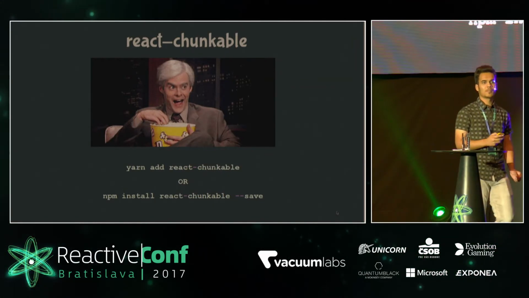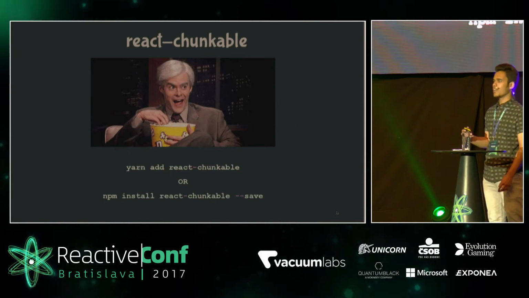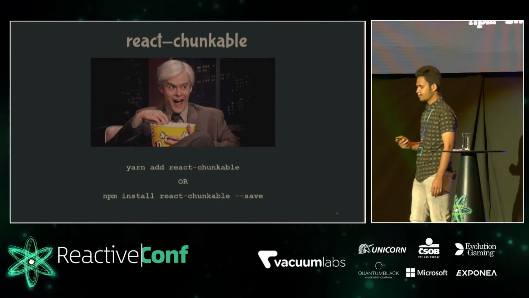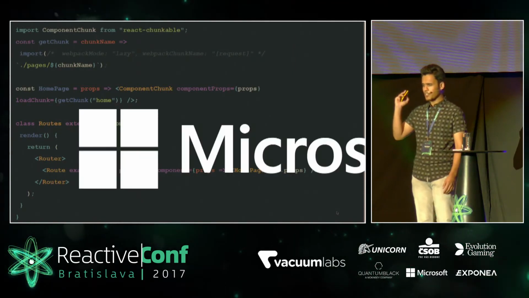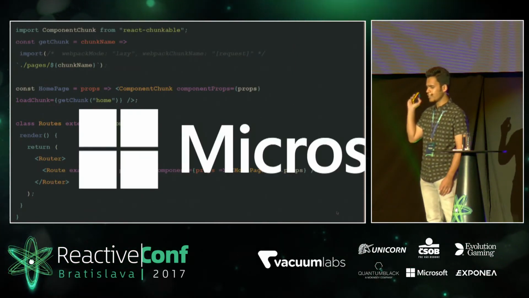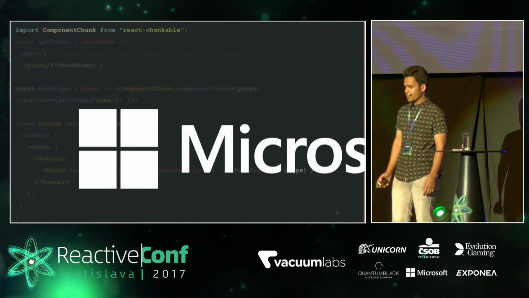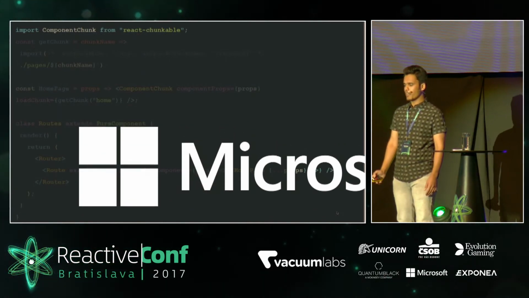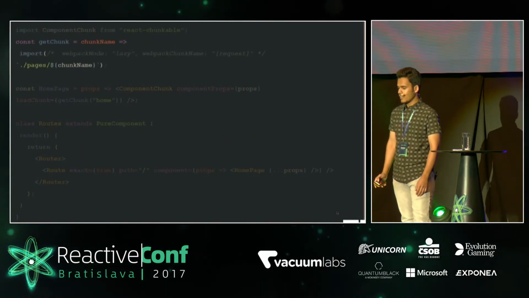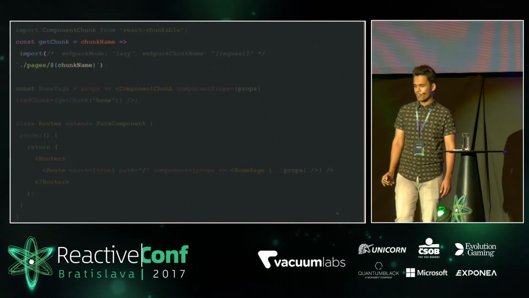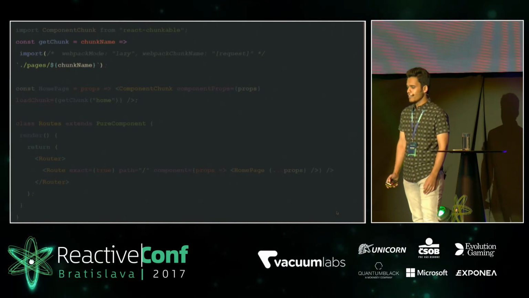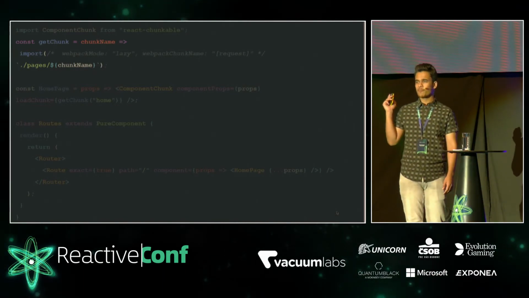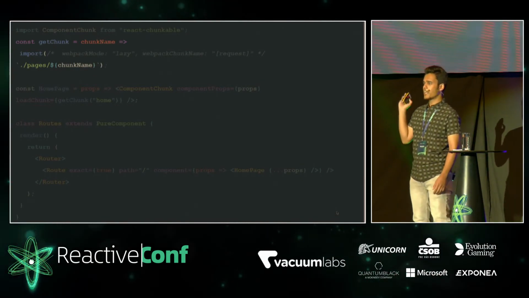I have a small library which actually loads the bundles at runtime. This is how it works. This is my routes file. First I'm importing this component chunk from React Chunkable. Second, I have written a higher order function which uses the Commons module plugin provided by Webpack, which says, hey Webpack, give me all the modules in this relative path.